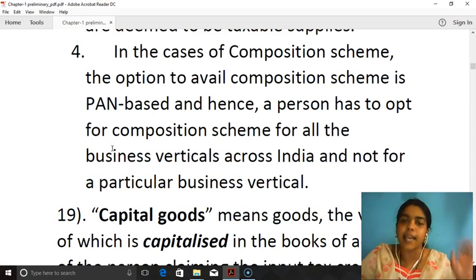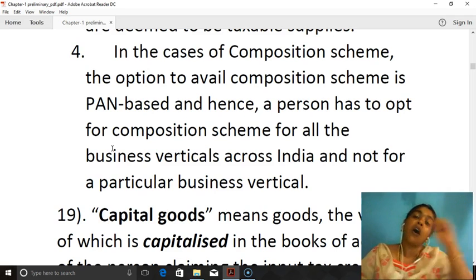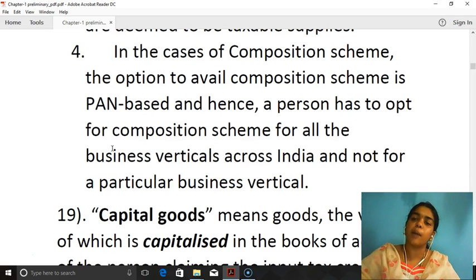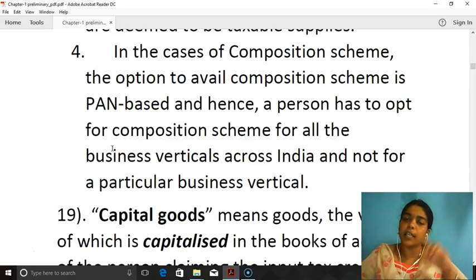In that case either he has to opt for composition scheme for all the 5 business verticals or he cannot opt for composition scheme for any of the business verticals.